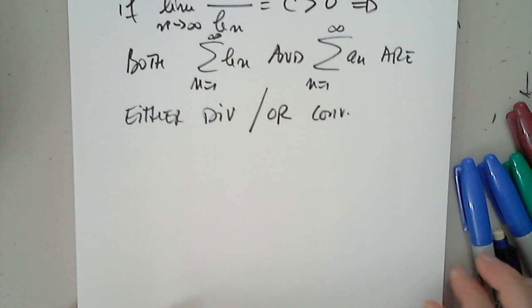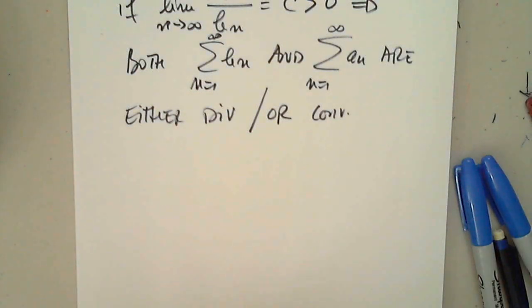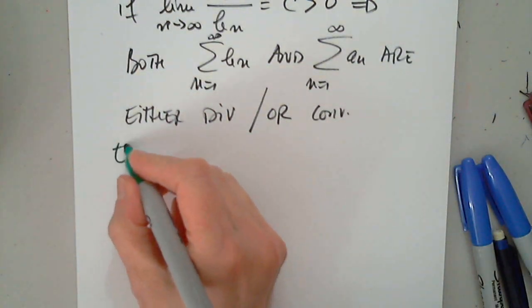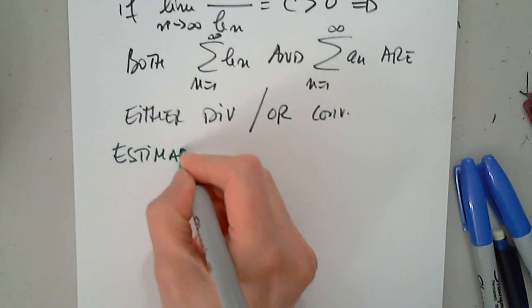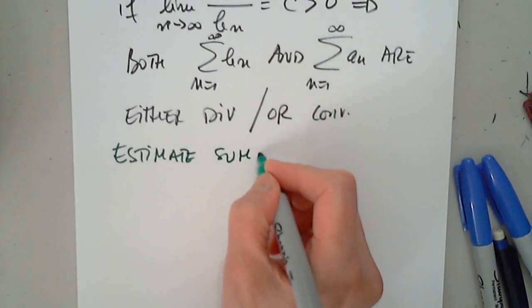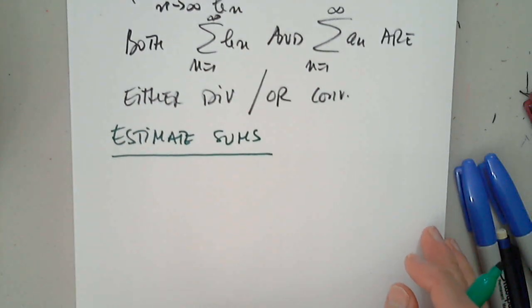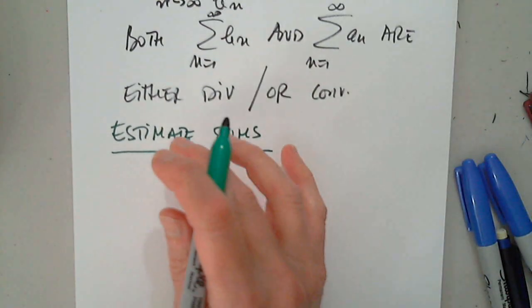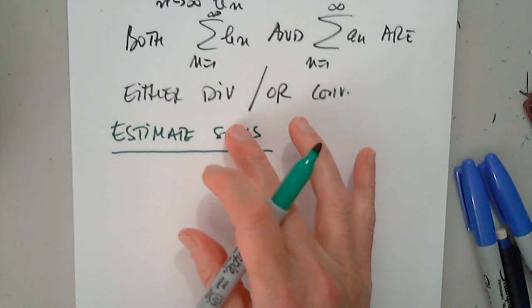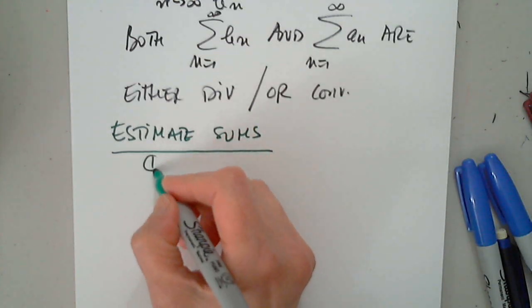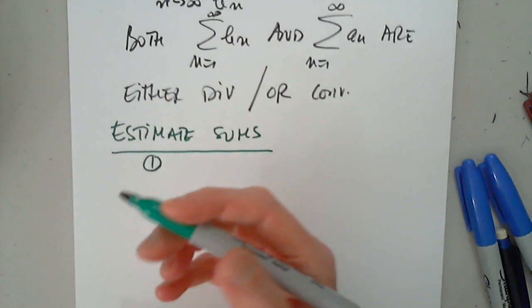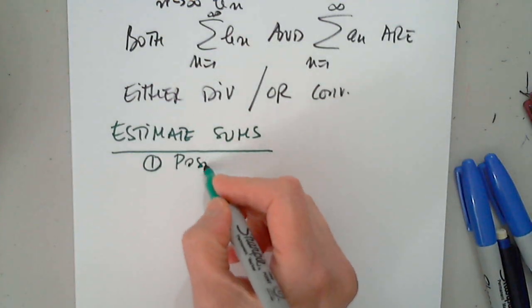Okay. Now also one item here about estimating sums. The requirements here are, number one, again, positive terms, of course.